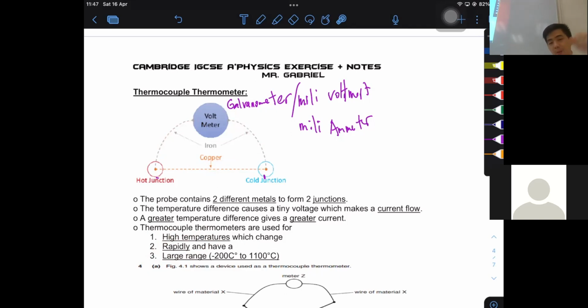If everyone understands, let me give you guys some Google Sheet questions here. I'll send it to the Zoom link.